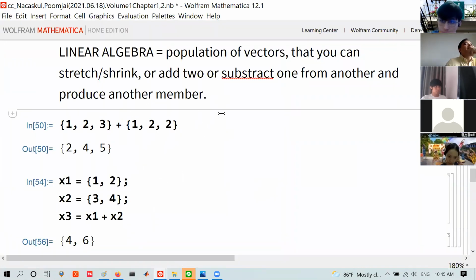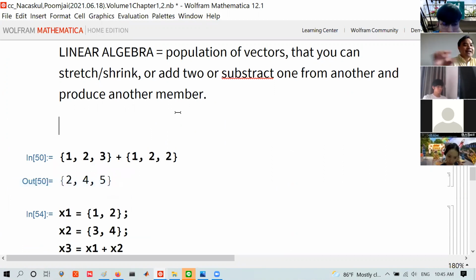So what do you think defines the space? It's actually your data set.